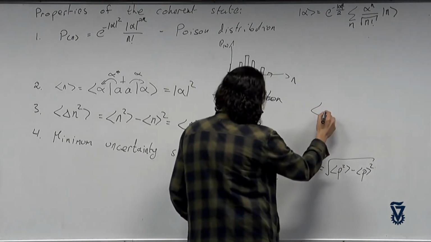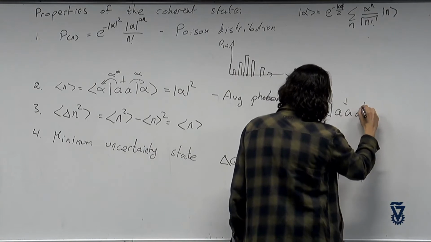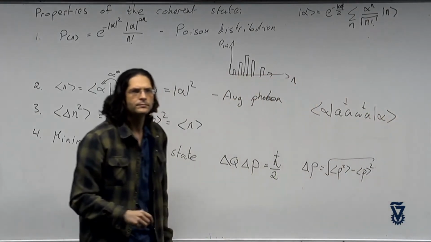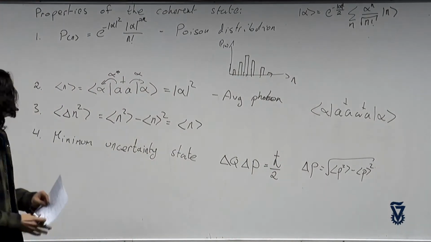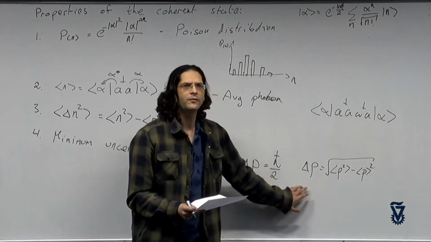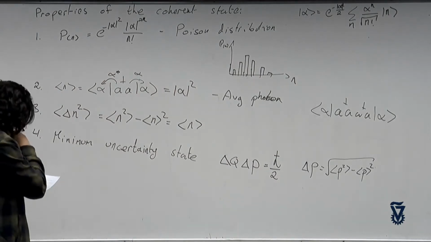So you have alpha, a dagger a dagger a a, alpha. That's n squared. And then you just plug it in, and you do the same for p and q if you want to do this. Okay. Thank you. There you go.